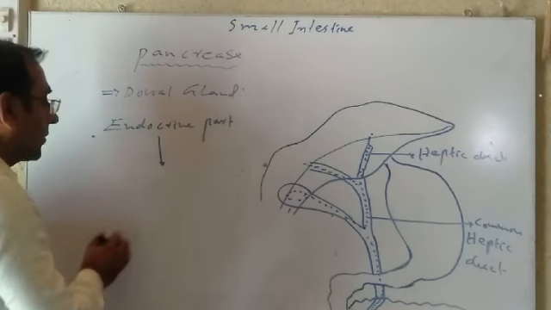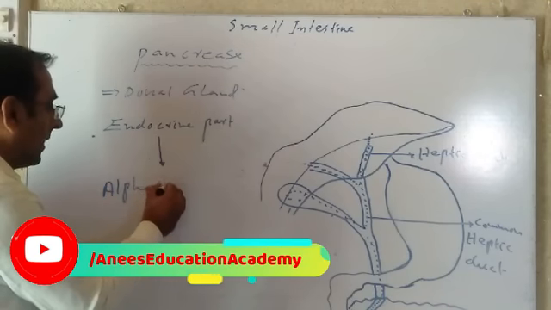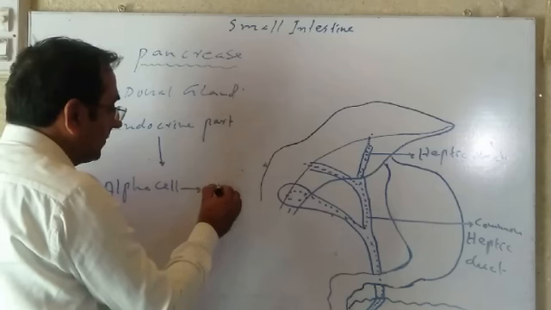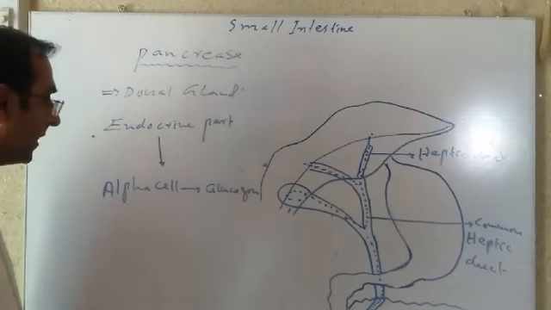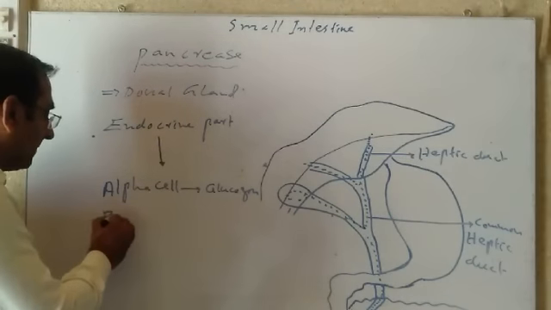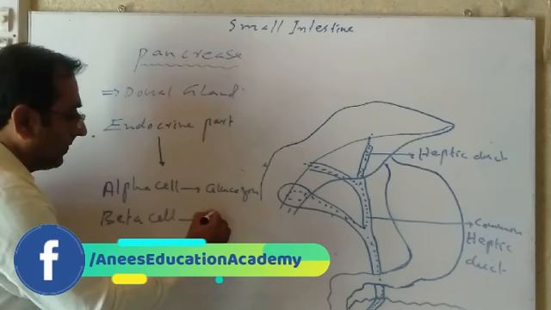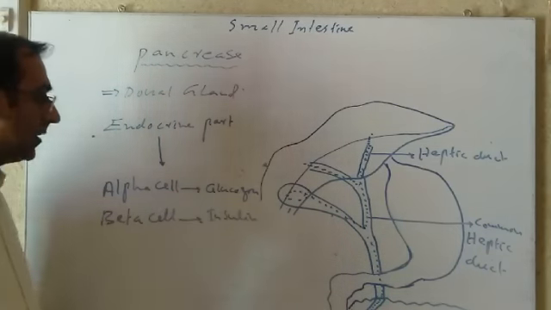contains two types of cells: alpha cells, which produce glucagon, and beta cells, which produce insulin hormone.